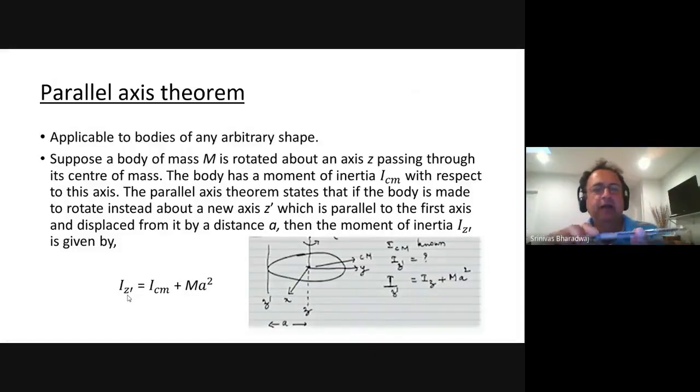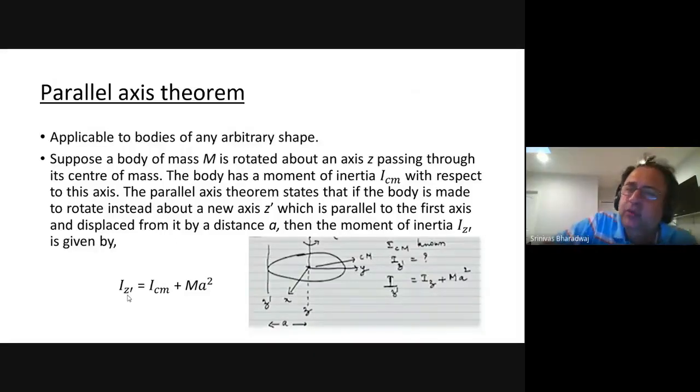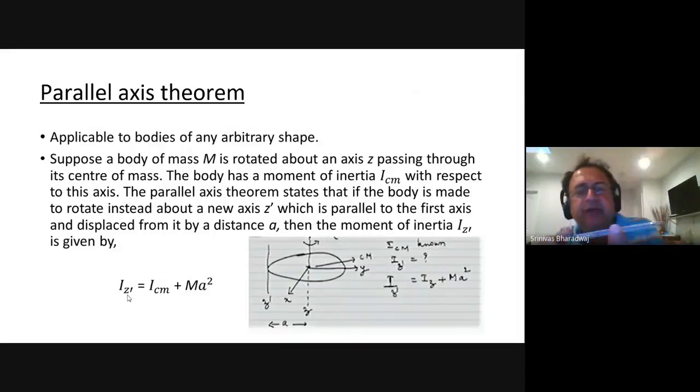So I about this is ml square by 12 plus m times A, which is L by 2, right? So m times L square by 4. So ml square by 12 plus ml square by 4 happens to also be ml square by 3. That is another way to calculate the whole rod versus the rod about the center of mass. Okay, so ICM plus MA square equals I prime. So that is how one can evaluate that.